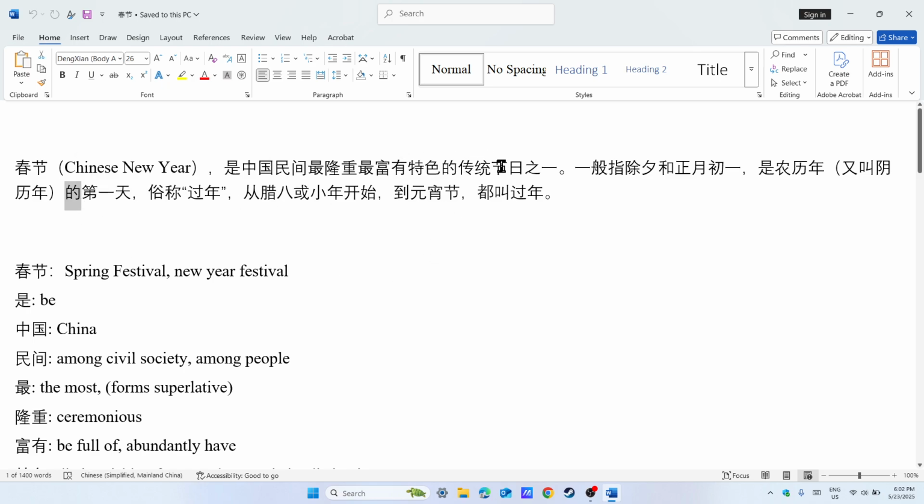So that's the difference between this 的 here and this 的 here. This difference is a kind of degree, and I should emphasize that. For this 的 you probably cannot omit it. But for this 的, if you omit it, it sounds okay, but it's better to also put a 的 here.